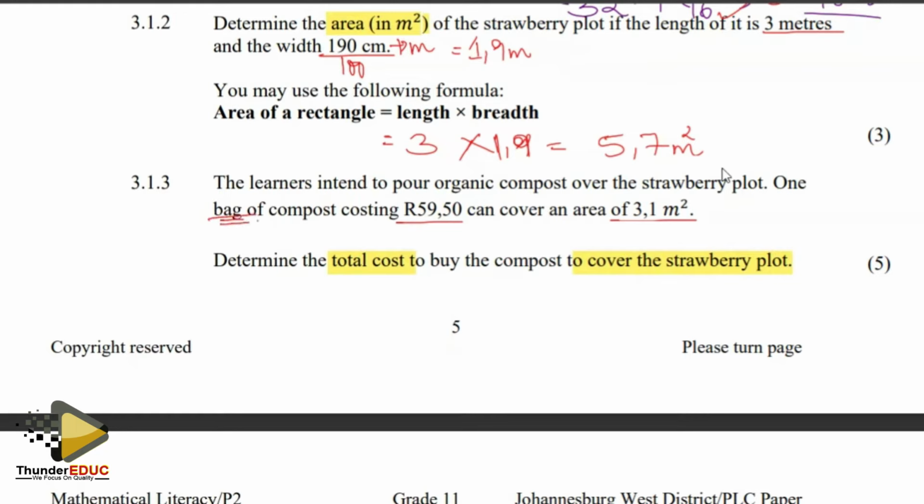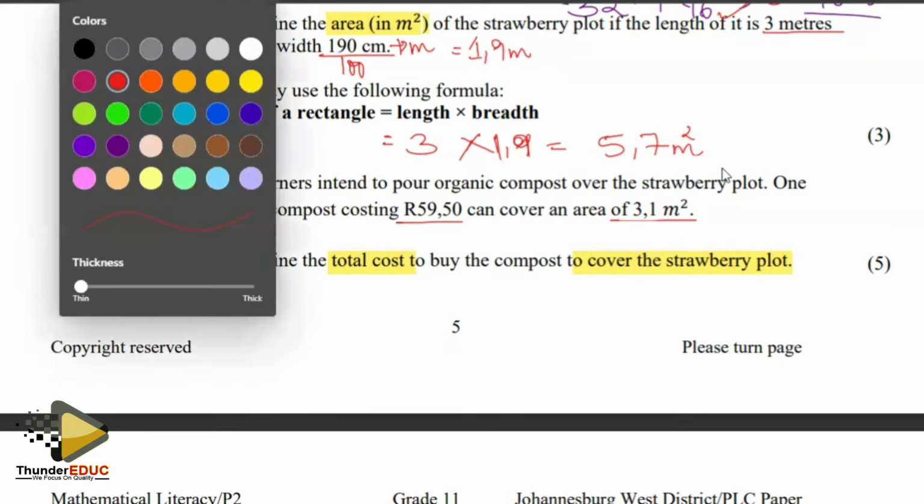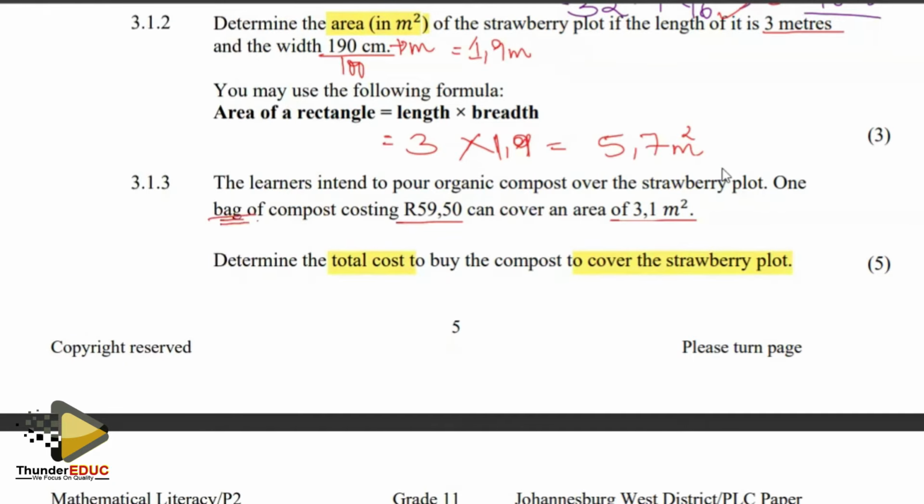So what you're going to do for me is to analyze this very well. Now, if one bag covers an area of 3.1 meters squared, and you found out that you have an area of 5.7 meters squared, ask yourself, how many bags are you going to use?